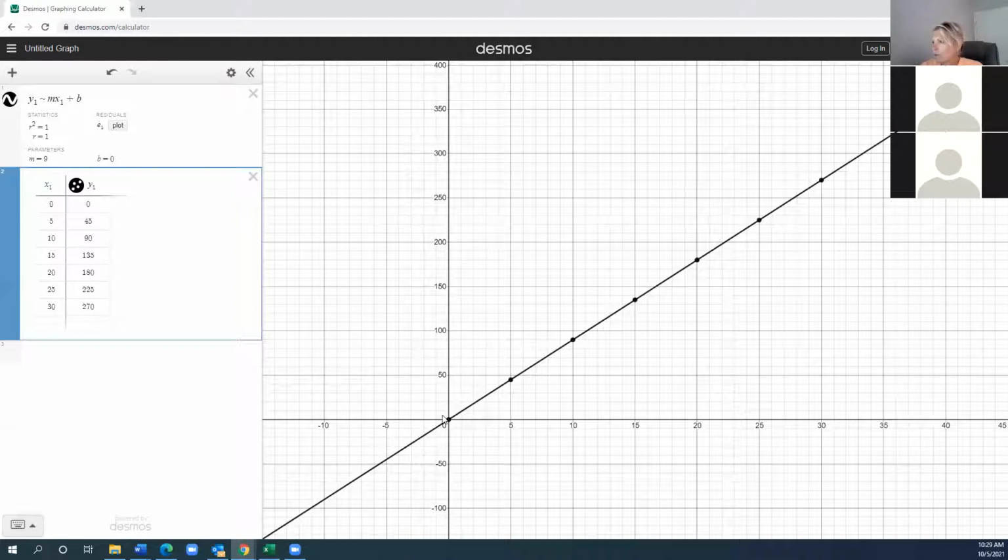And so we can see here from our graph, I'm circling, and then in our table, I'm highlighting. The y-intercept is 0, and it means you haven't bought any pizzas yet. Right. Or if you don't purchase any pizzas, you don't have any costs, right? In sentence form there. So I'm going to go back to my paper.